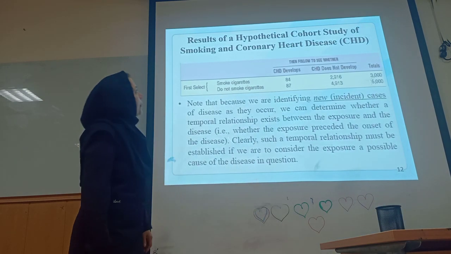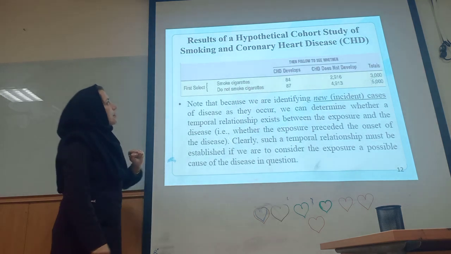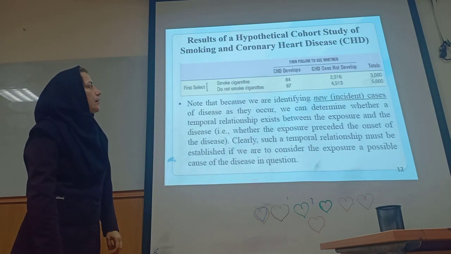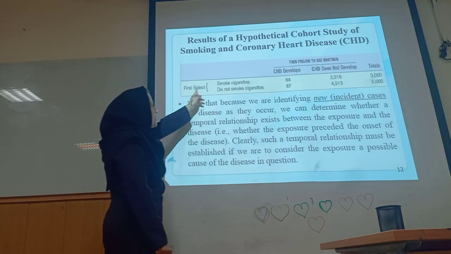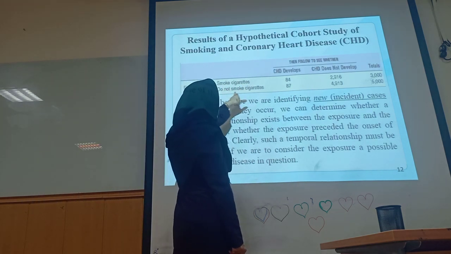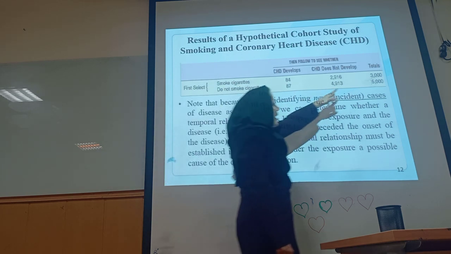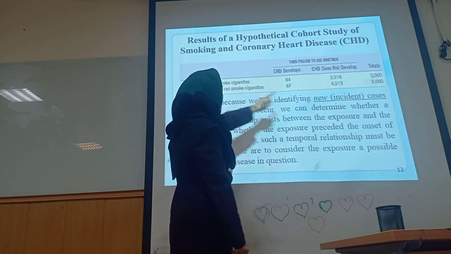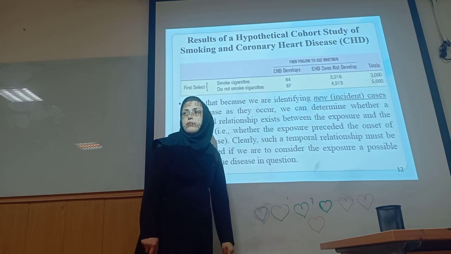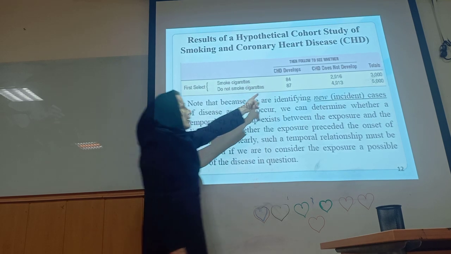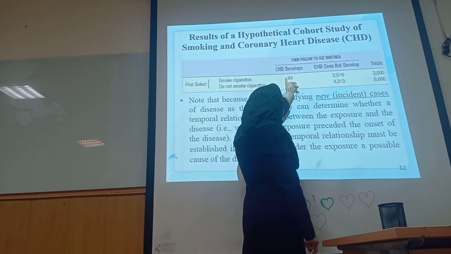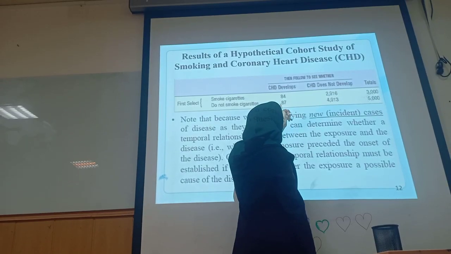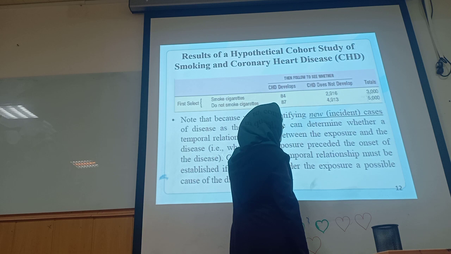This slide shows us the results of a hypothetical cohort study of smoking and coronary heart disease. First, select those who smoke cigarettes and those who don't smoke cigarettes. We have 3,000 smokers and 5,000 non-smokers. CHD develops in 84 smokers and in 87 non-smokers.